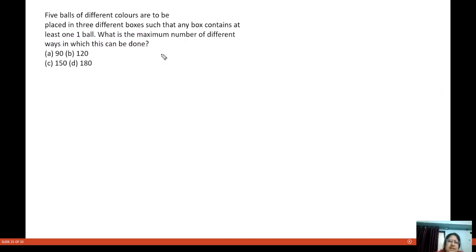Let's say the 5 colors are violet, indigo, blue, green, yellow. These are to be placed in 3 different boxes, and let's say these are D, E, and F.